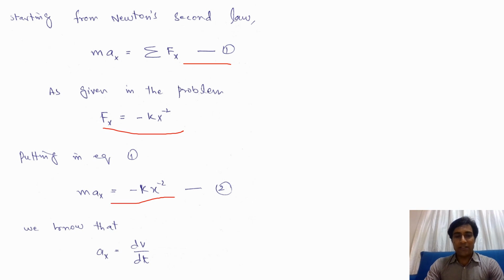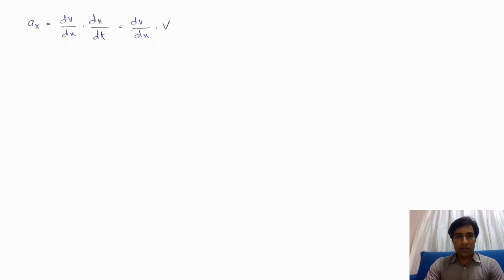And we know that the acceleration is equal to rate of change of velocity. We can write acceleration in this form: a_x is equal to dv over dx times dx over dt, which is equal to dv over dx times v.